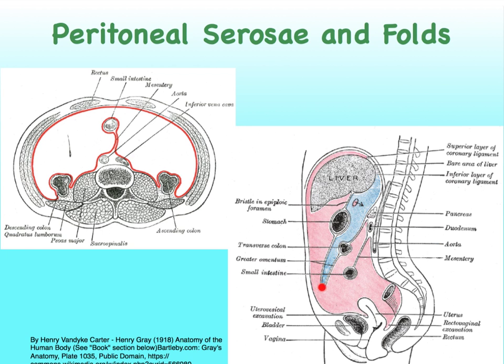Here we see a much thicker level or type of mesentery called the greater omentum. And notice that there are some structures that sit behind the peritoneal cavity. The pancreas, the duodenum, which is the proximal part of the small intestine, are perfect examples of that.